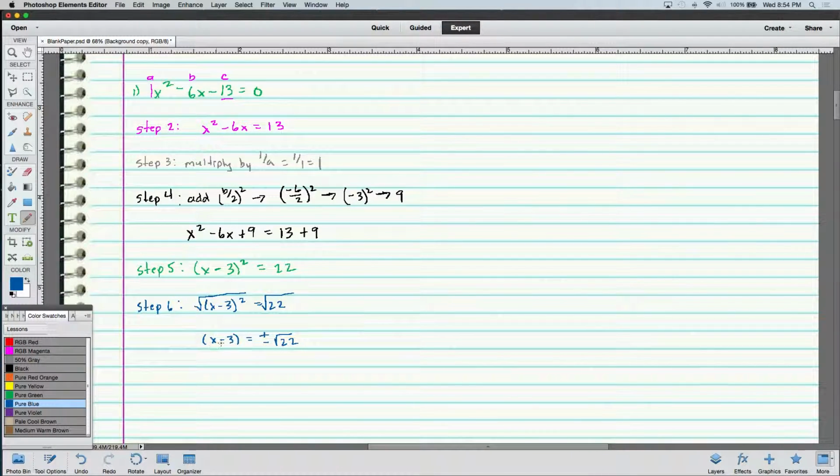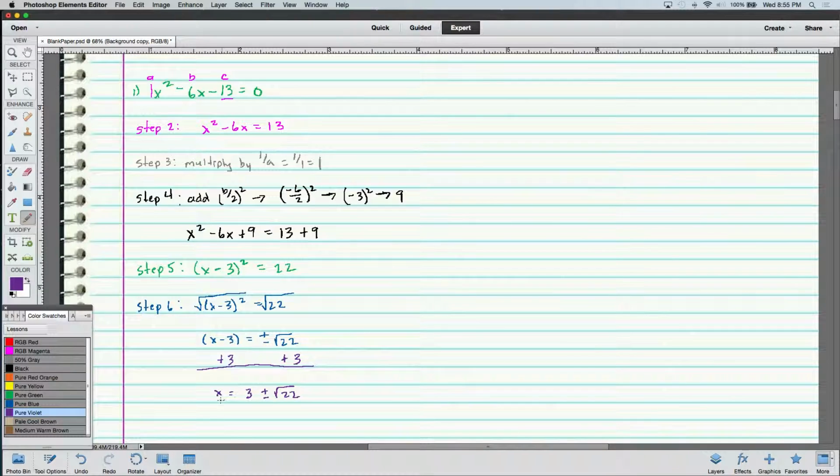And now we just solve for x. We need to get rid of these parentheses. There's nothing on the outside, so we just need to move the 3 over to the other side, plus 3, and we're left with x equals 3 plus or minus the square root of 22.